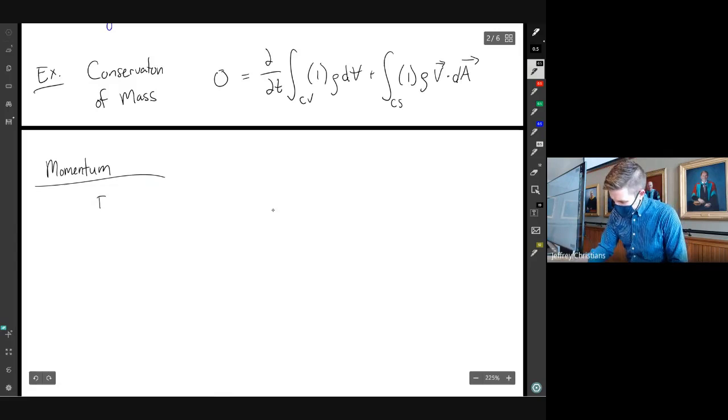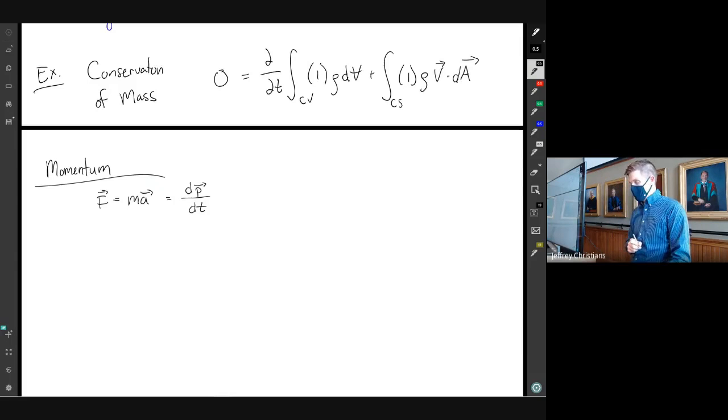So for momentum, F equals ma, which equals dP/dt, the change in momentum with time.